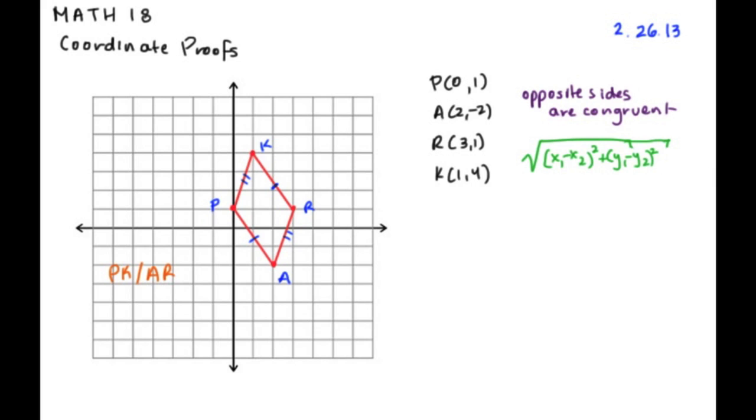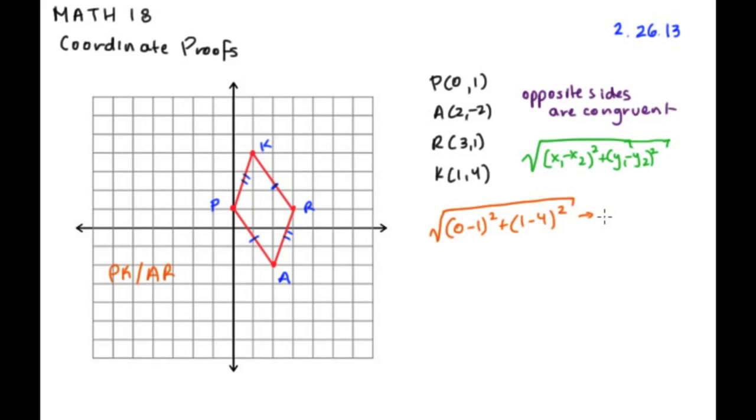So for PK we have P is (0, 1), so P's x1 is 0, K's x value is 1, so it's 0 minus 1 squared, plus P's y value 1 minus K's y value, which is 4, squared.